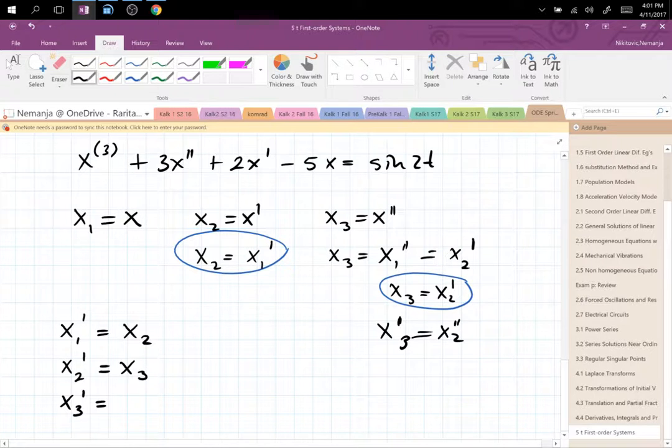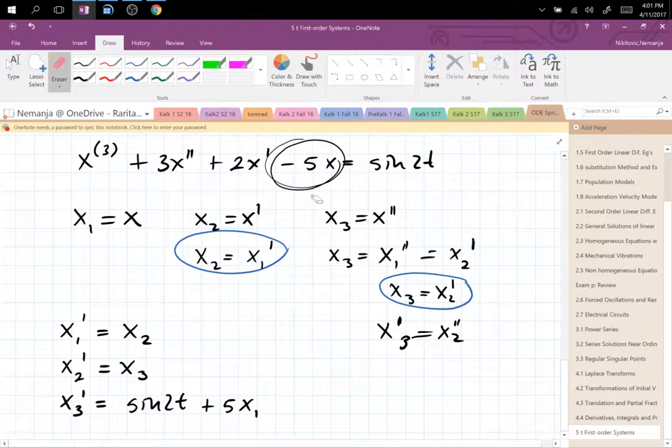Okay. So x1 is equal to x. So first of all, sine 2t stays. This term goes to the other side as positive 5. Instead of x, I'm putting x1. Now the other term, which is 2, goes as minus 2. X prime is x1 prime, which is equal to x2.